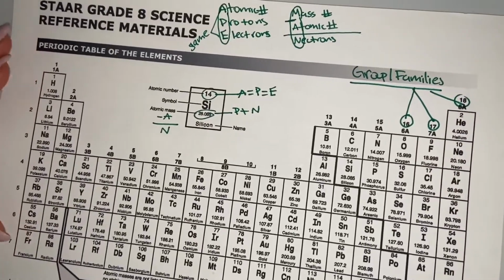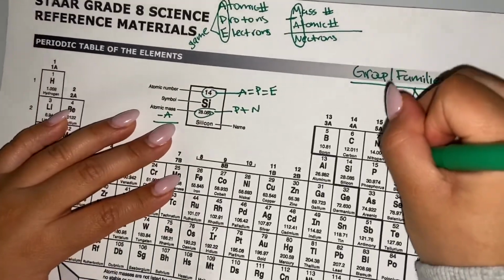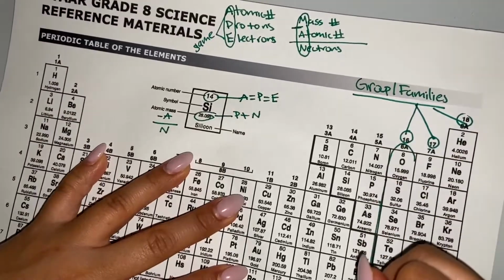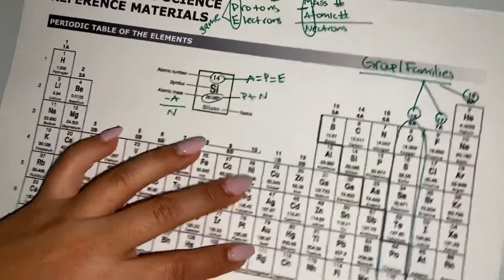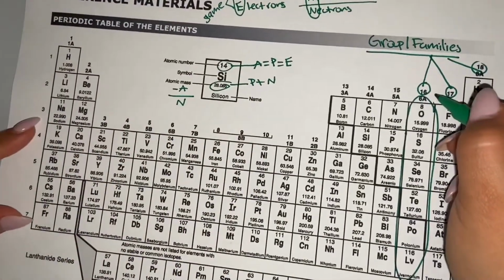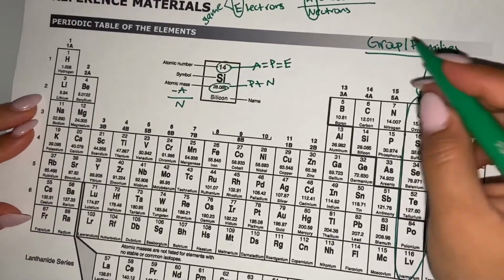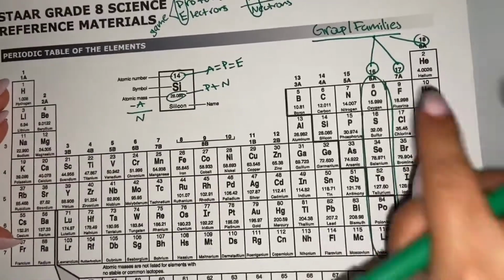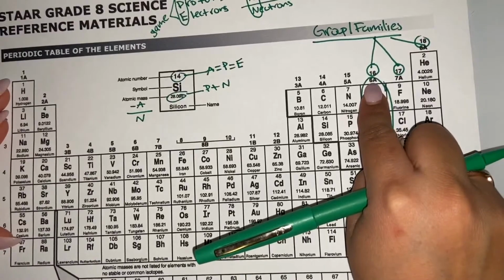These groups are going to run downwards, so they're going to go all the way down, okay? Now these groups and families have a number underneath them with a letter.